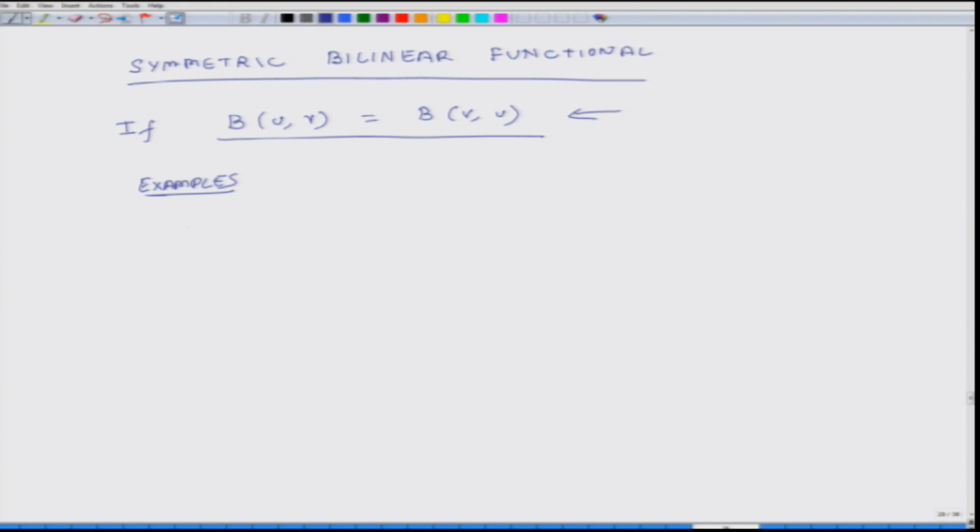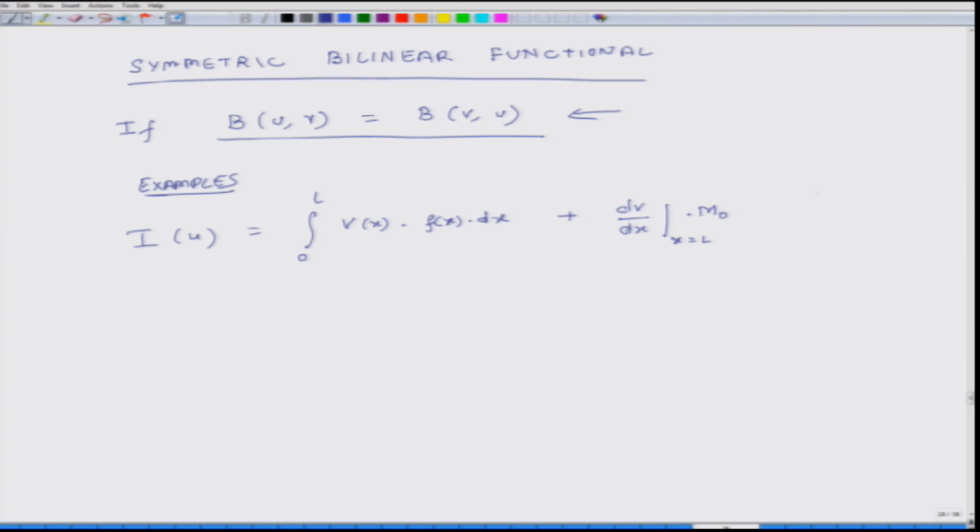Let us consider I of v equals the integral from 0 to L of f of x times v dx, plus dv over dx at x equals L times some constant m naught.